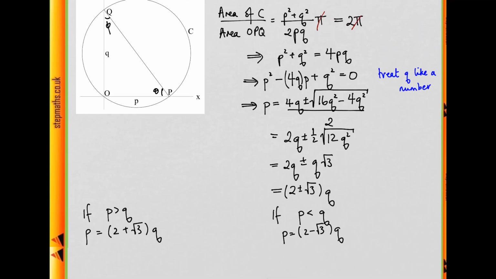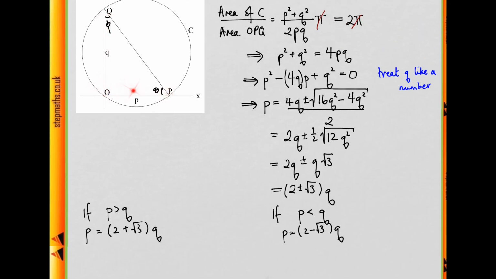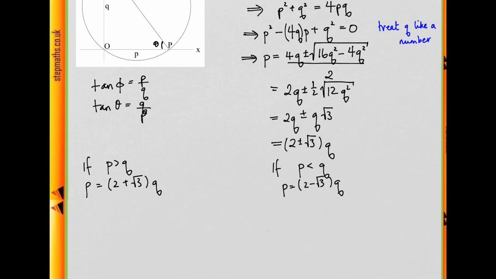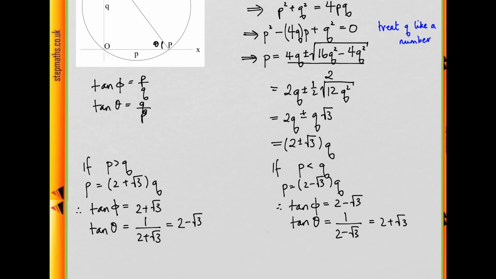And so now we have a relationship between these two sides, and so we can use tan to work out these two angles. So we have that tan of phi is p over q, and tan of theta is q over p. So we can see in this first case, when we have tan of phi, well, that's just p over q. So dividing through this by q, we get that tan of phi is 2 plus root 3.